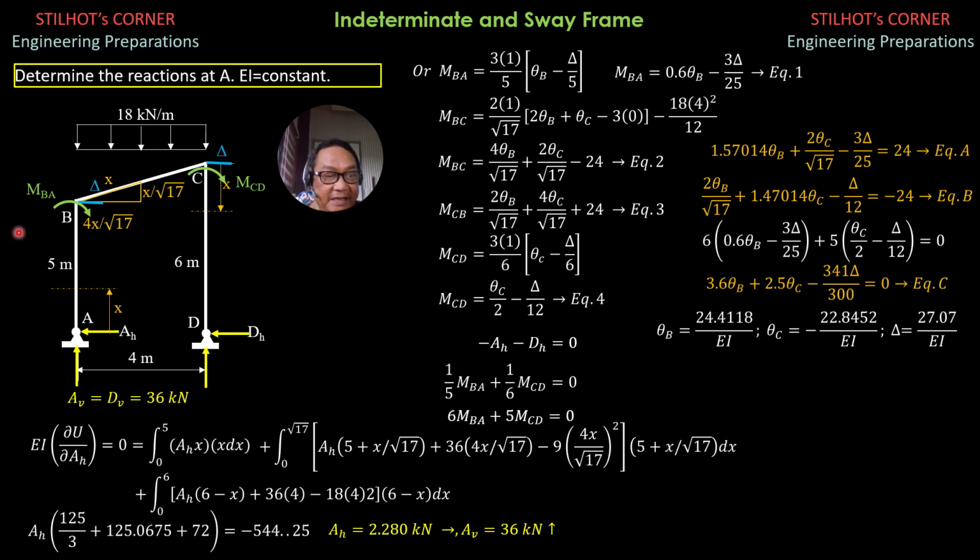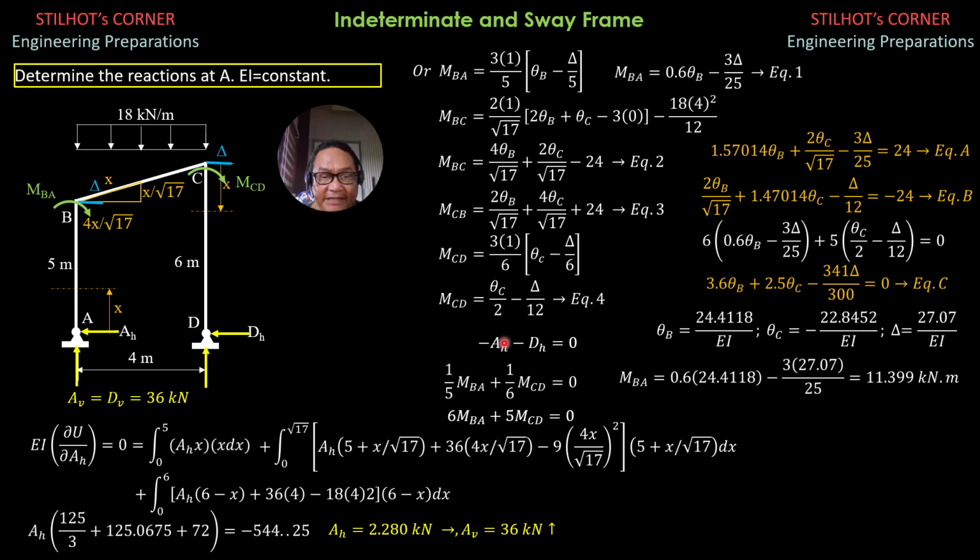Then we need MBA to solve for AH, and MBA is 0.6 of 24.4118 minus 3 times 27.07 over 25, and that's 11.399 kilonewtons.